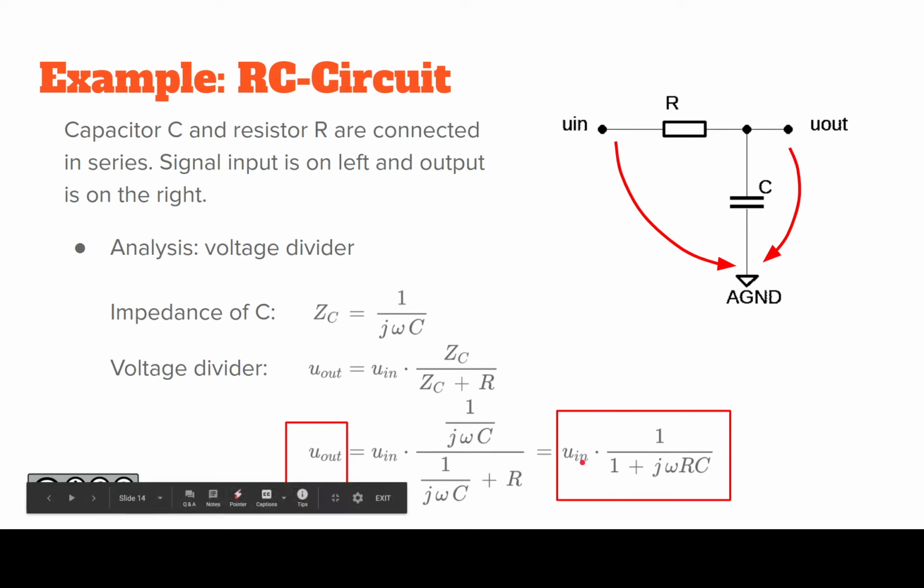So we have the input signal times 1 divided by 1 plus J omega RC. Interesting. So what does this actually do? We will revisit this one later.